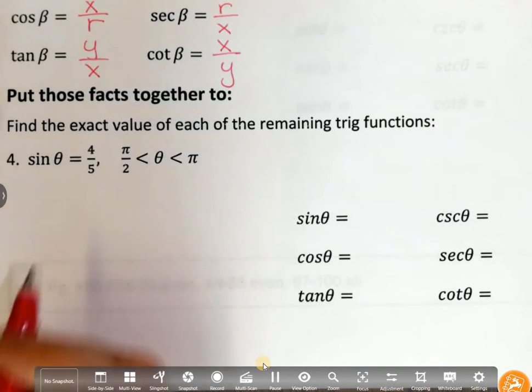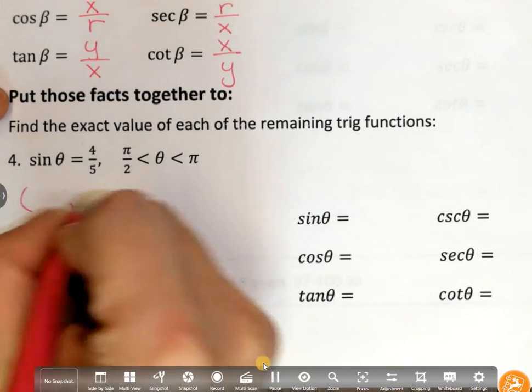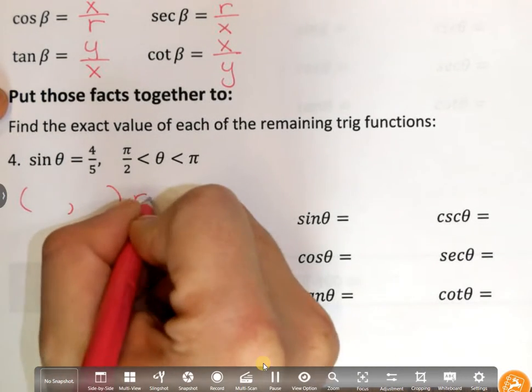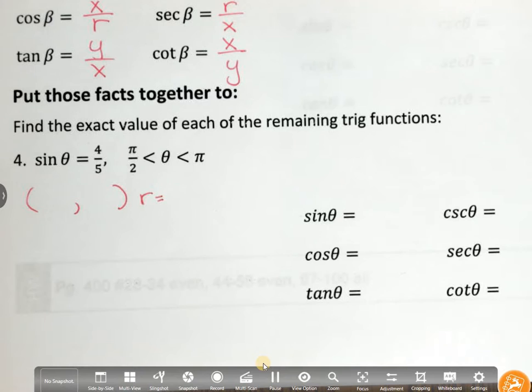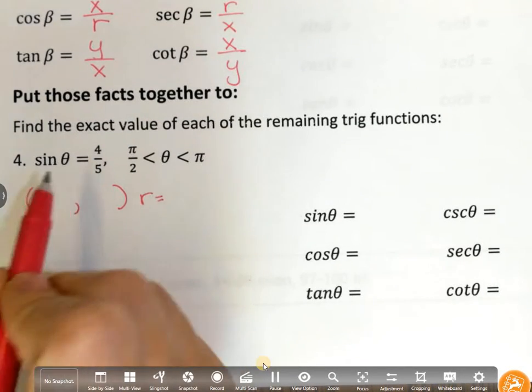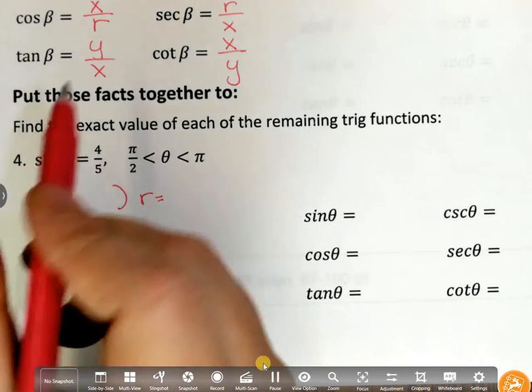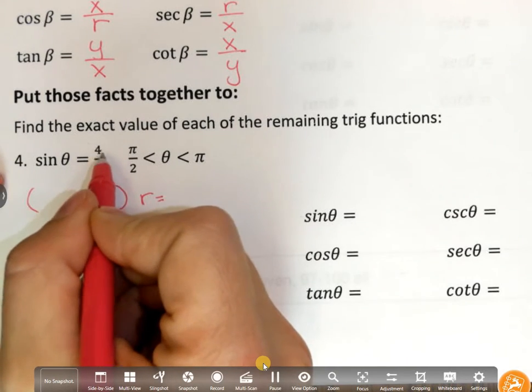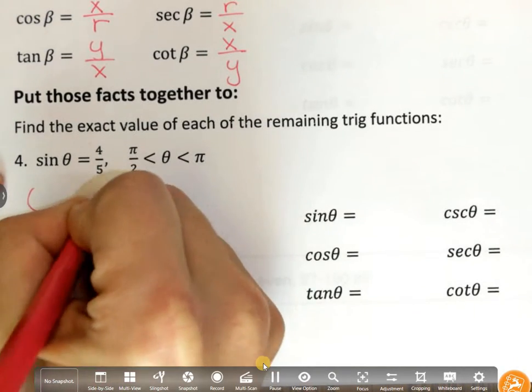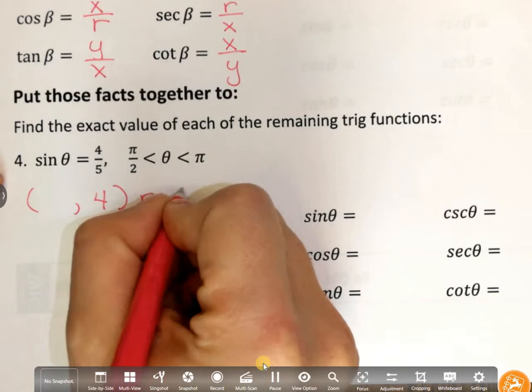These problems start with one of the ratios, and you need to find all the others. Sine is what? Y over r. Then that means my numerator, y, denominator, r.